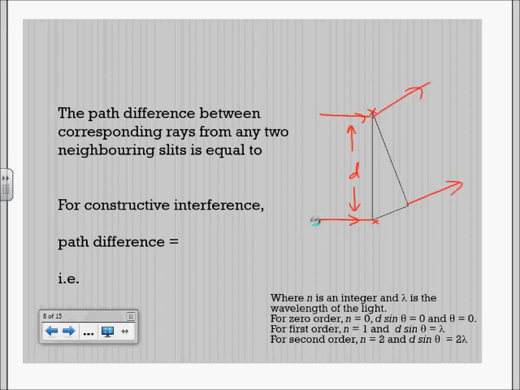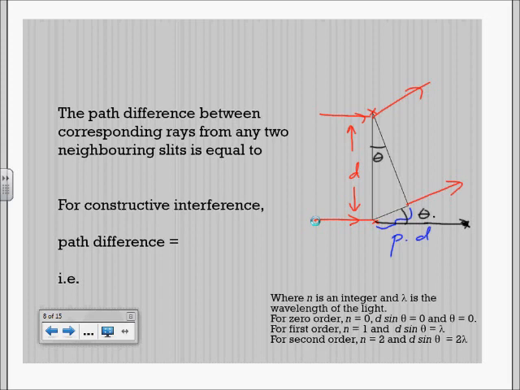The base of this triangle here is our path difference. Let's write PD for short for now. And the other thing we should note is that that's the angle theta measured from this direction out here, which is where the central maximum would occur. If that angle is theta, then that angle is theta.